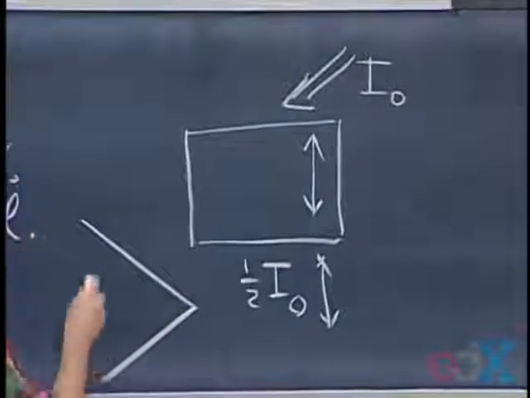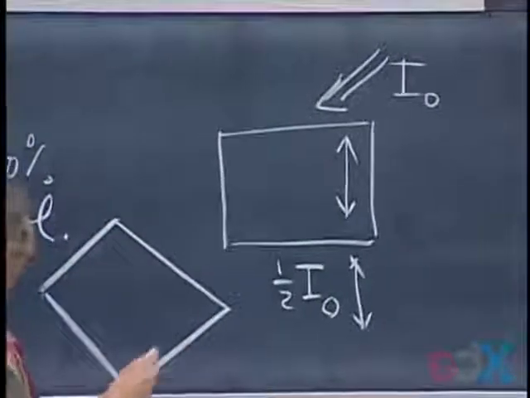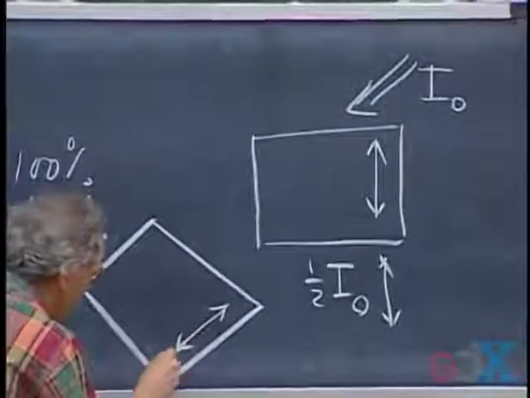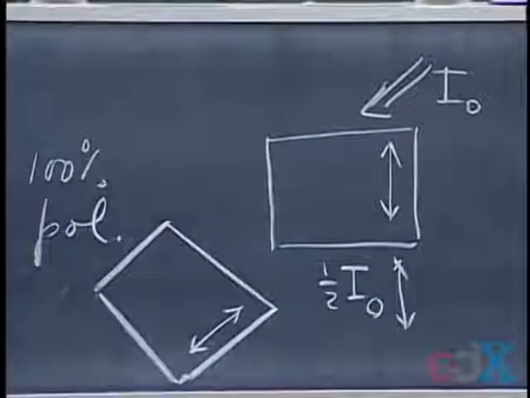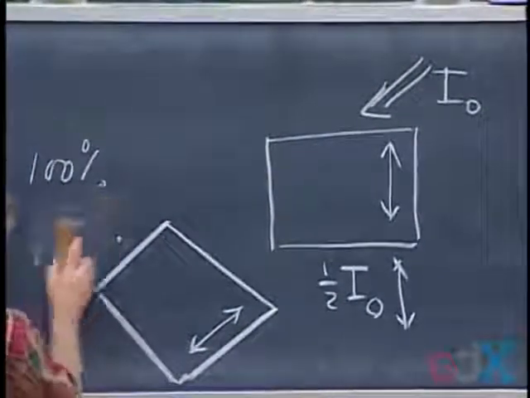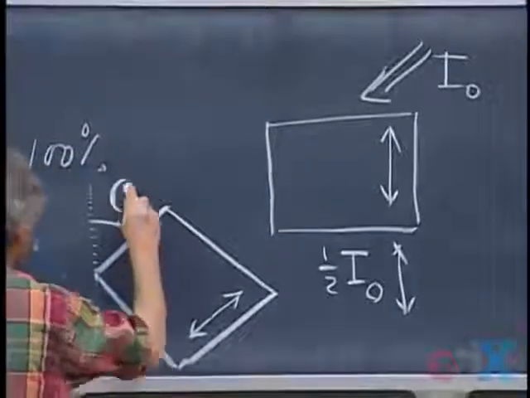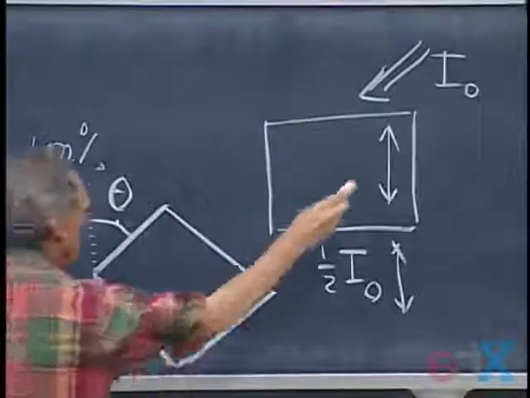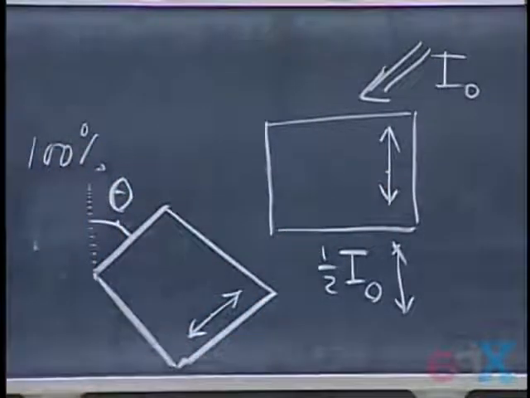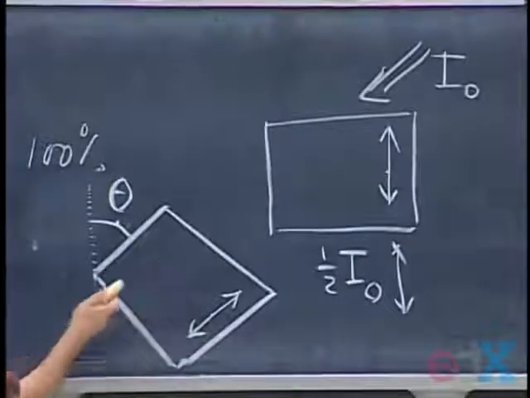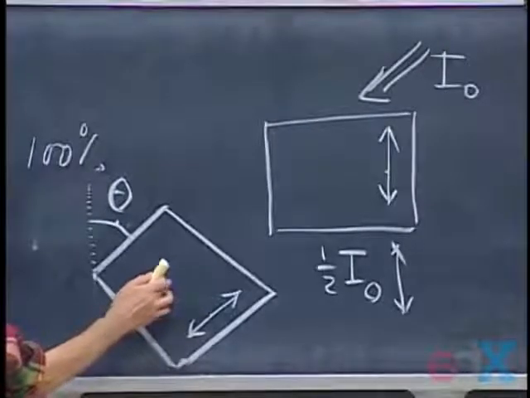So here is now a second sheet, which has a preferred direction of polarization in this direction, and the angle is rotated over an angle theta. So between this one and this one is an angle theta. And so you can now immediately tell what the intensity of the light is that comes through this second polarizer.